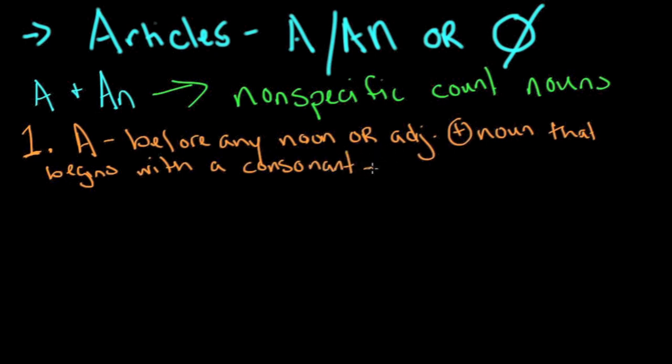And what is a consonant? Those are these letters, B, T, N, these letters that have a hard sound. Those are consonants. So let's take a look at an example.